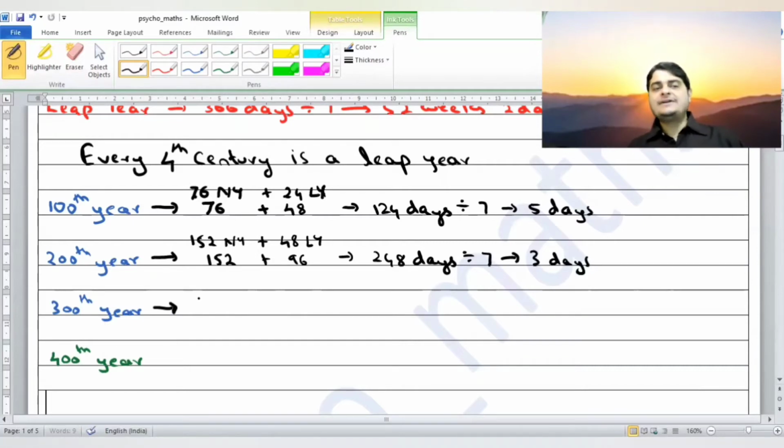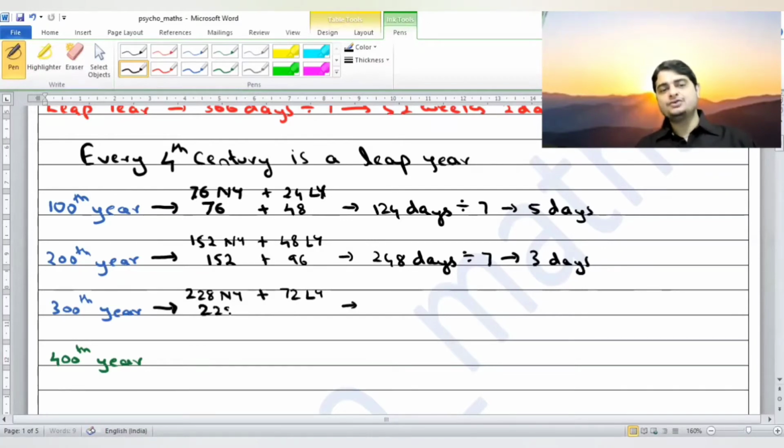Now in the first 300 years, that is the completion of the 3rd century, it will have 76 threes are 228 normal years and 24 threes are 72 leap years. This is a normal calculation.